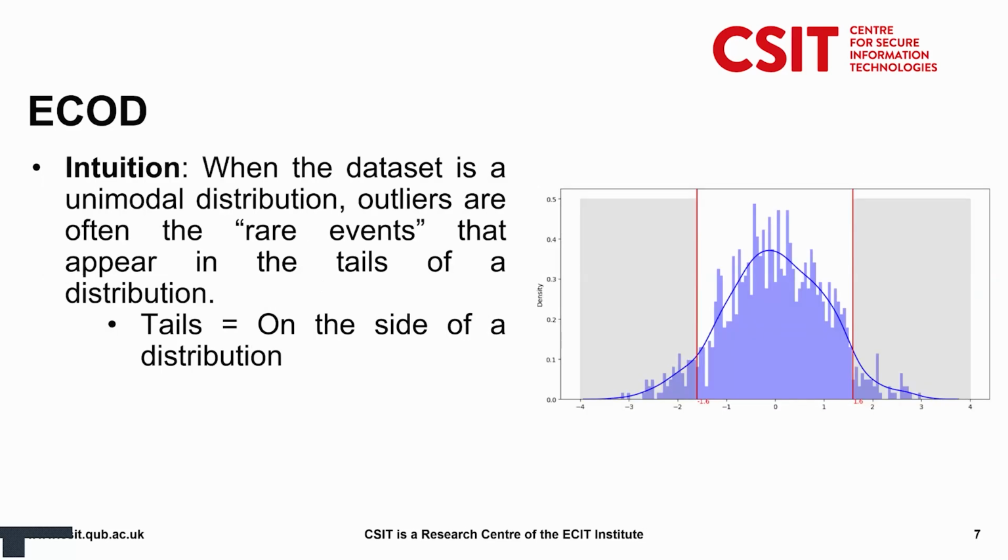The intuition behind ECOD is that when we have a unimodal distribution, as in the graph shown here, outliers, the rare events, usually lie at the tail of the distribution, as the green area shows here. The tail means the two sides of the distribution.